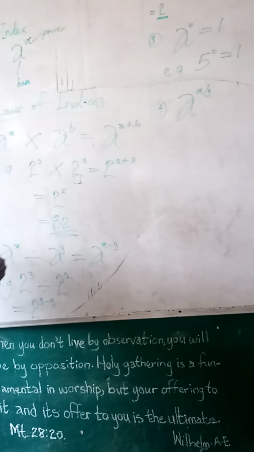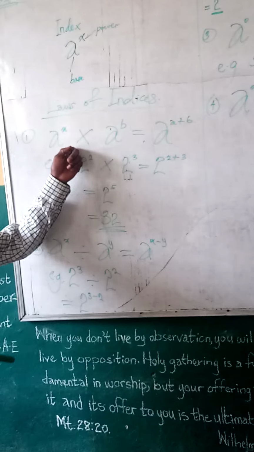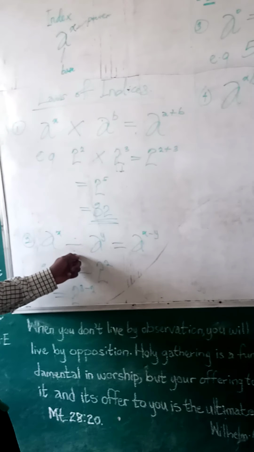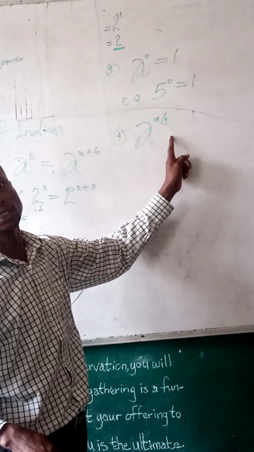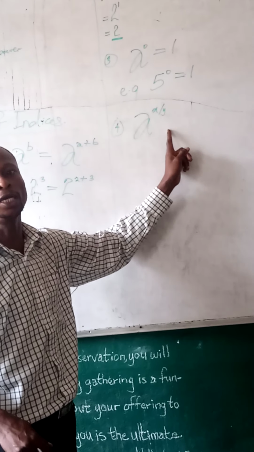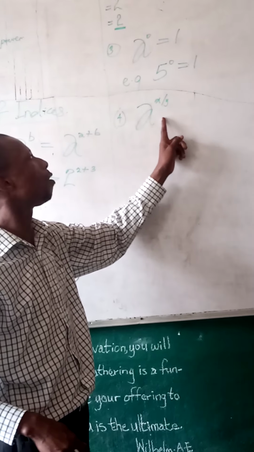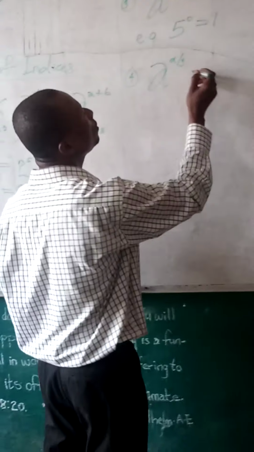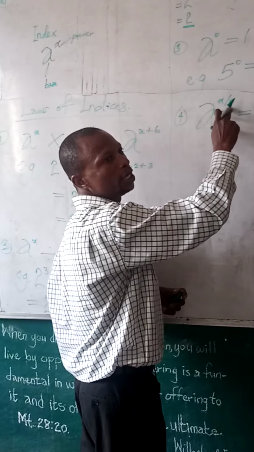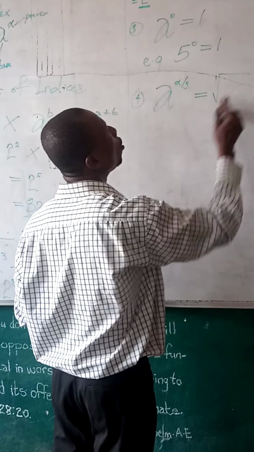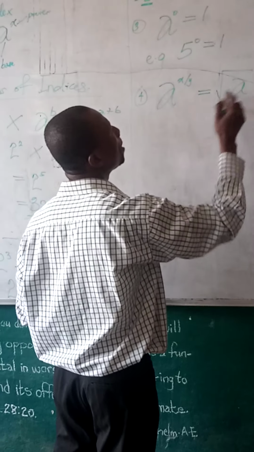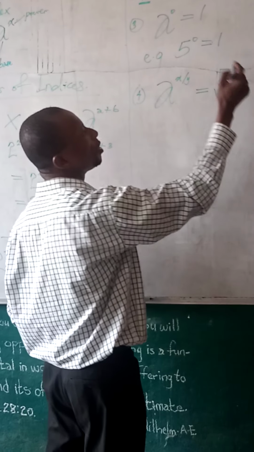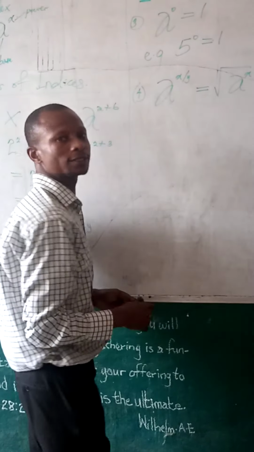The fourth law states if I have a raised to the power of x over y, the first law is the multiplicative law, the second is the division law, and the third is the unitary law. This one is the fraction law, in terms of fractional power. It means I will take the denominator to be the root of the base, which is a, and I will take the numerator to be the power, which is x.